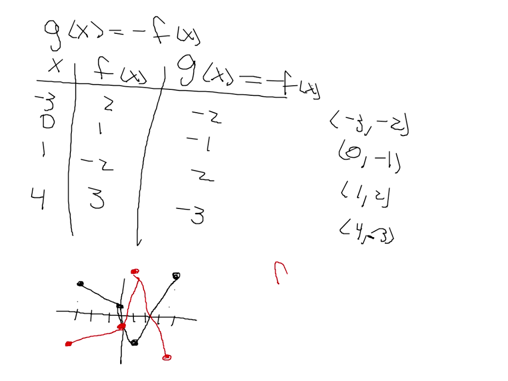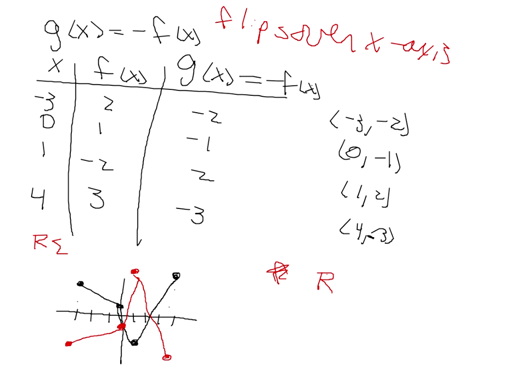And so what happens here is this flips over the x-axis. My domain stays the same because I'm not moving horizontally, but my original range was -2 to 3 for f of x, and I multiplied by a negative.